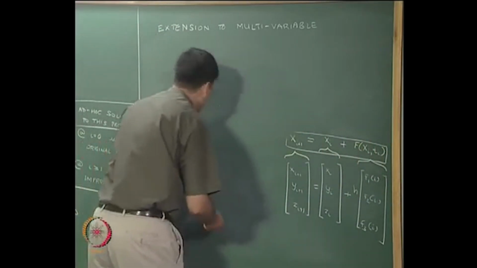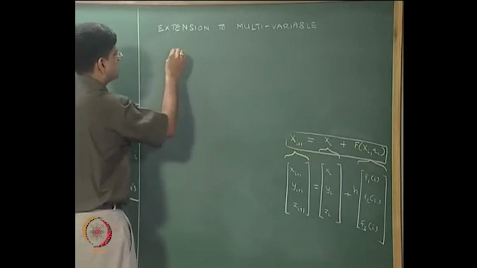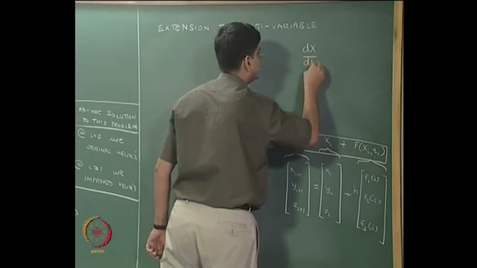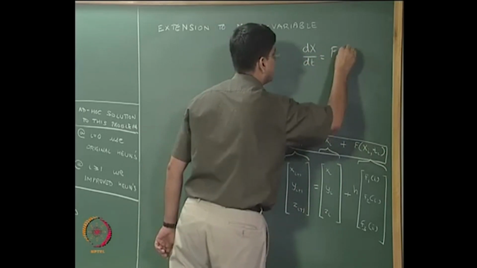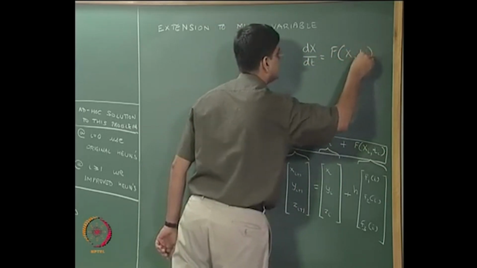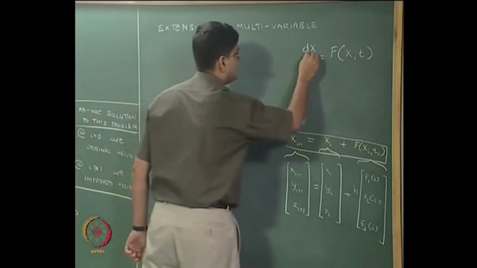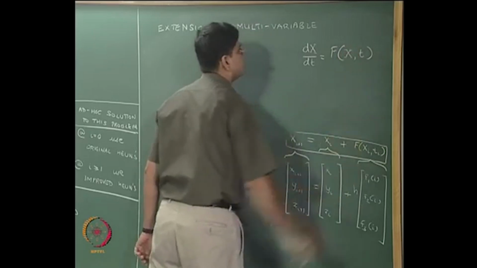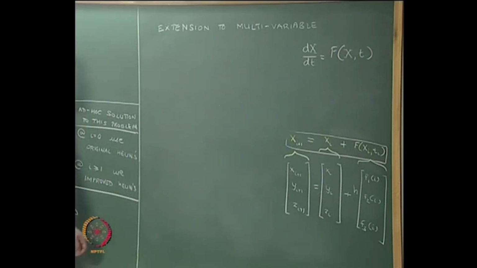So, in the vector notation, the equation that we need to solve is going to be d capital X by dt equal to some capital F of capital X comma t, okay, where capital X is in general a vector, capital F is also a vector. Okay.